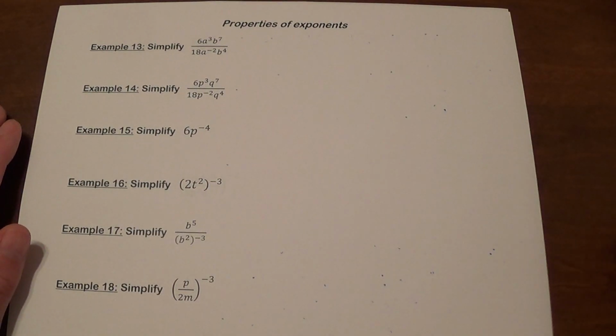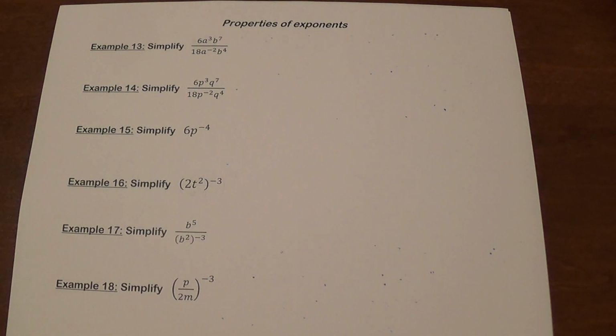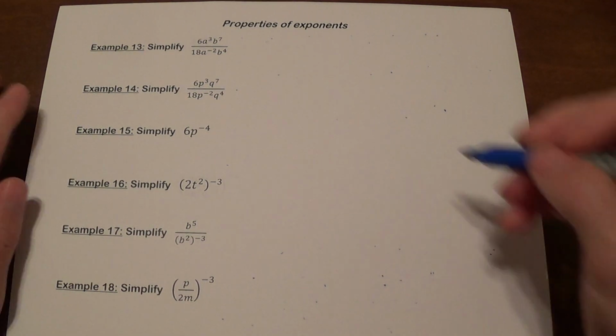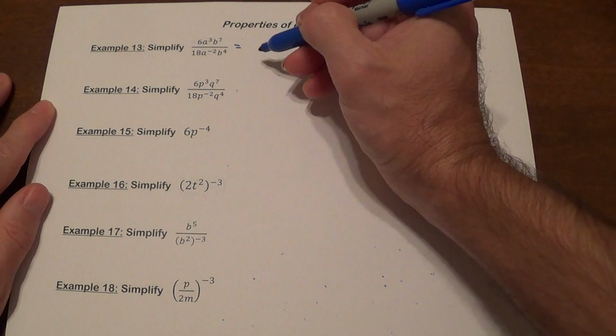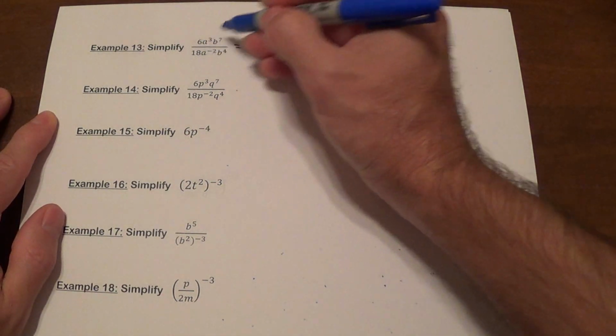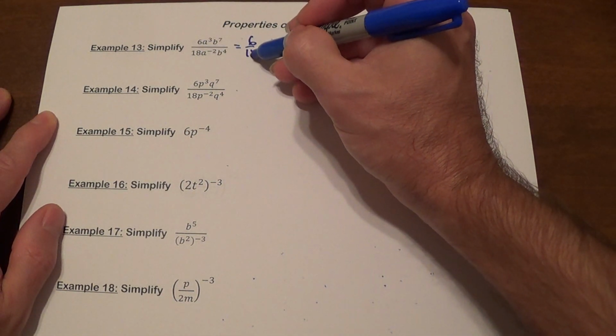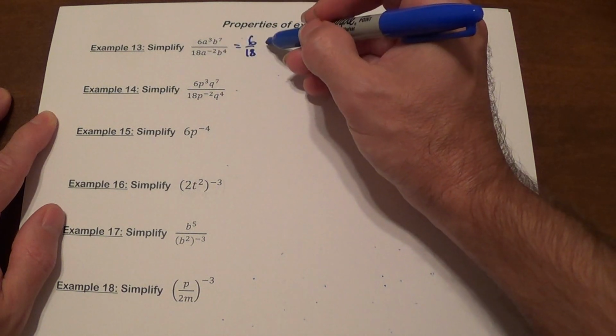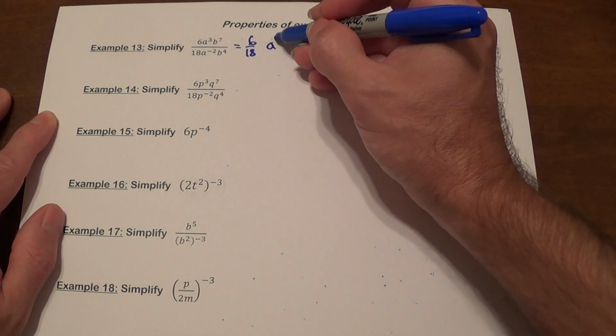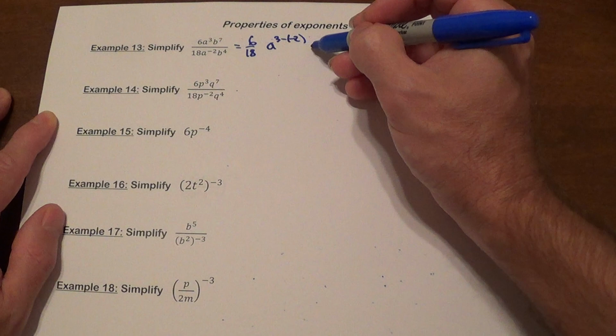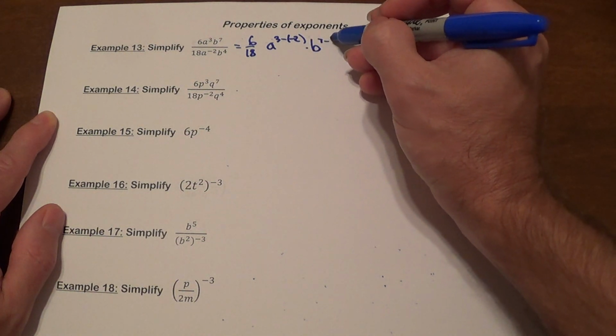Alright, let's take a look at these problems. Some negative exponents involved. So we have 6 over 18. We are going to subtract the exponents. So it's going to be a to the power 3 minus negative 2. And b to the power 7 minus 4.